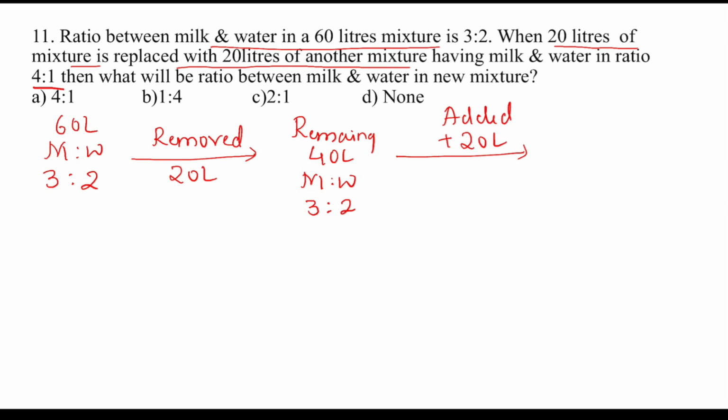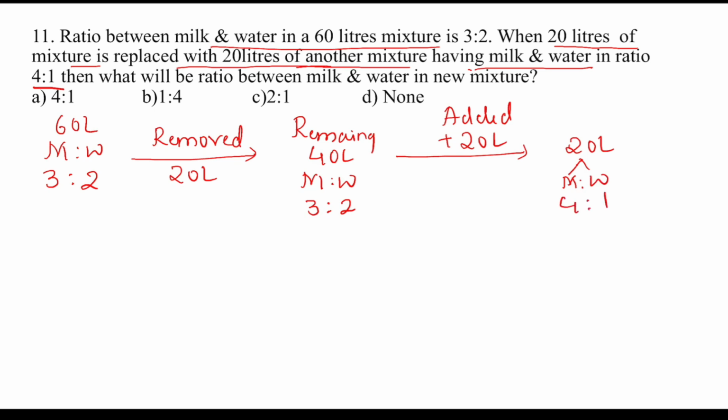So when it is replaced with 20 liters of another mixture having milk and water in the ratio 4:1, whatever this 20 liters of mixture added will contain milk and water in the ratio 4:1, they are saying.